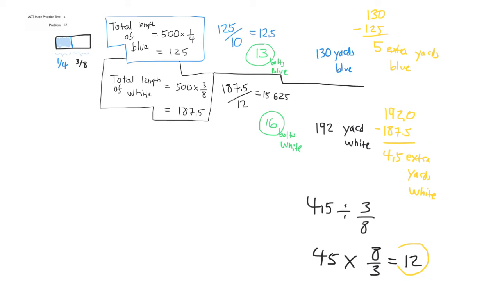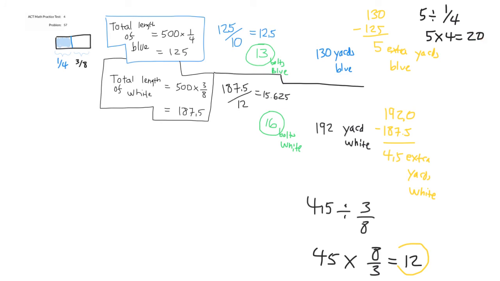Now, just to be thorough, let's find out how many of these 1/4 yard blue blocks could fit inside the 5 extra yards of blue material. It would be the same process. It would end up being 5 divided by 1/4, and that would be 5 times the reciprocal, and that turns out to be 20.